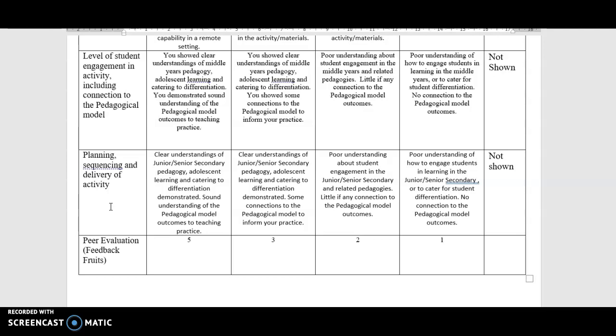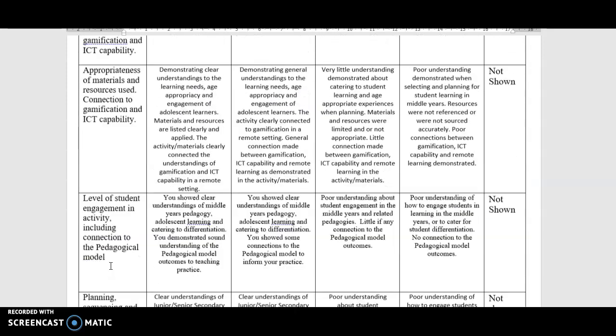Are you clearly connecting those understandings of the junior and senior secondary learner, and then putting that into practice? And lastly, we have the peer evaluation, which you will be doing in the last session. We're using a tool called Feedback Fruits, and we will discuss that in session 12.